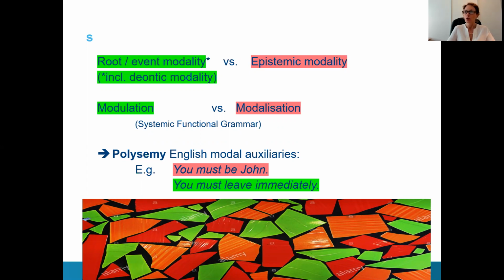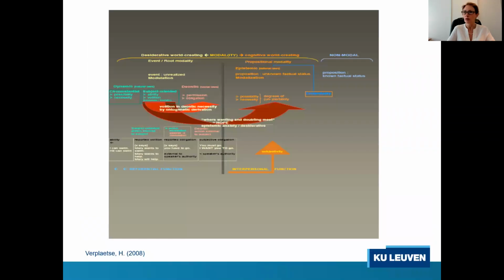Now, to illustrate those different terms which are used by different linguists, I would like to refer to this figure here, which includes the different subdomains of modality and the different terms. On this figure, you will also see on the right-hand side the concept of evidentiality, which I will also mention.